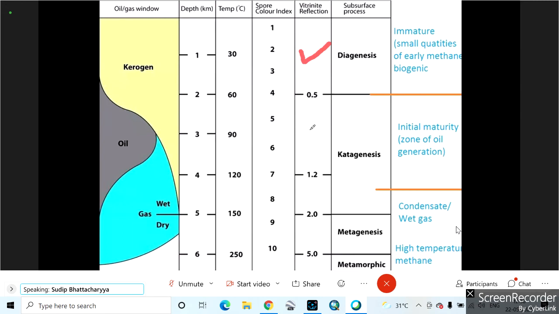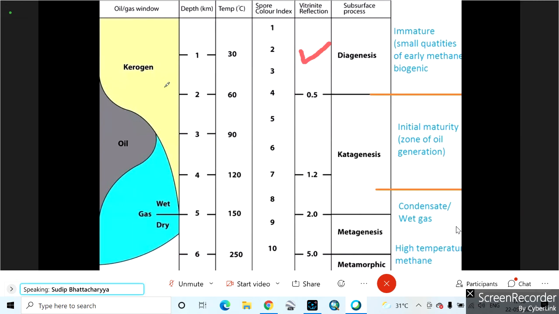Earlier we talked about organic richness and thermal maturity. Organic richness we can get from different analyses, also from Rock-Eval pyrolysis. It actually gives you the total organic carbon, total organic content, whatever it may be.